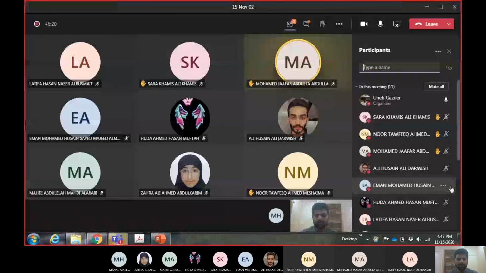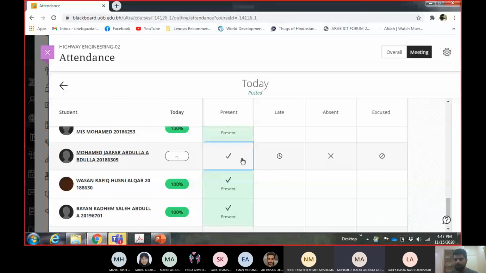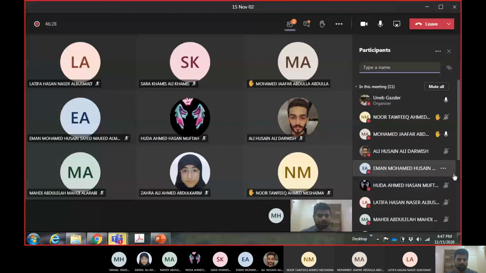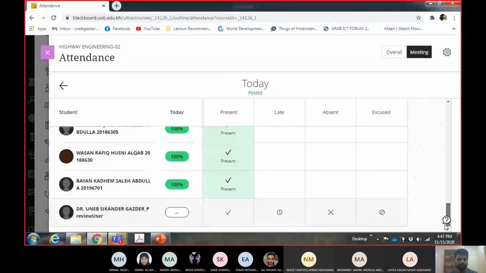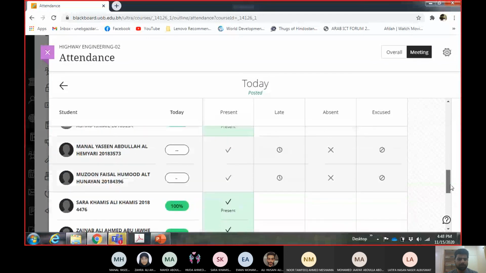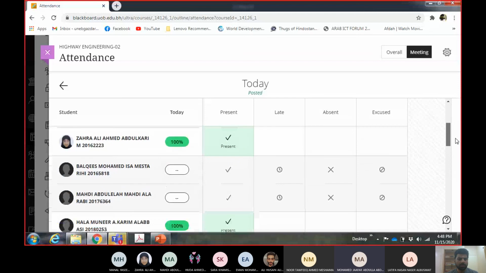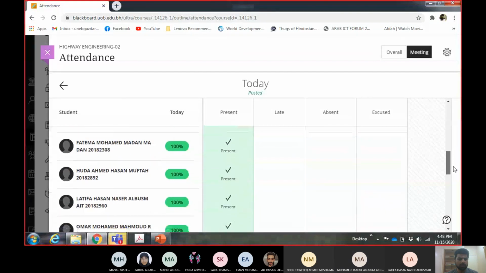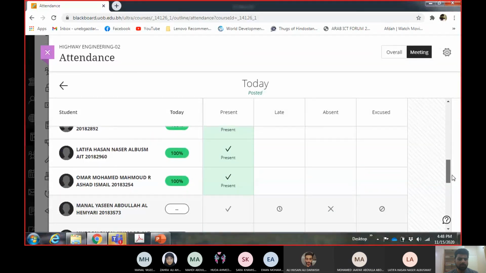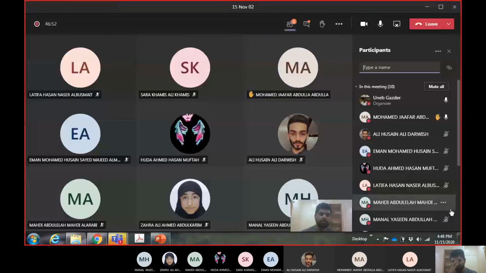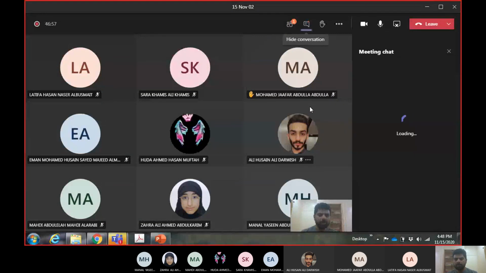Okay, anybody left from this section? Mohammed Jafar, right? I think I marked you. I didn't mark you. You are from this section, right? Yeah, from this section. Anyone else from this section? Everybody done from this section? Anybody from the other section?